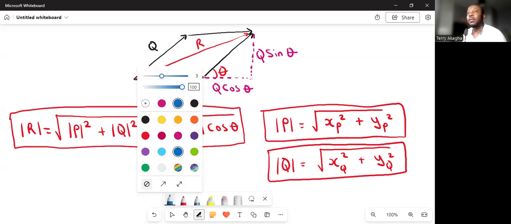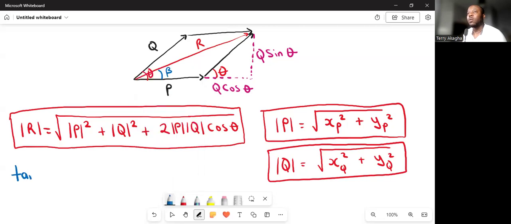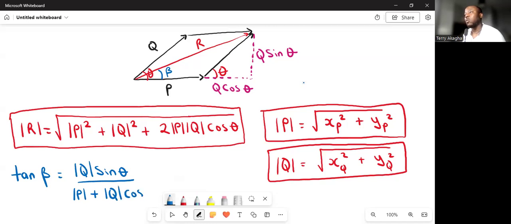Tan beta will be equal to Q sine theta divided by the magnitude of P plus the magnitude of Q cos theta, okay? And that will give you the value for that.